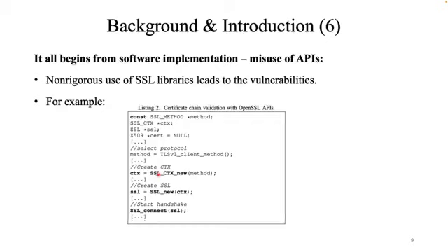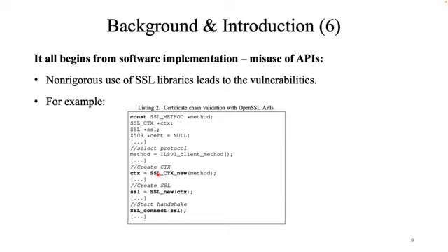Okay, next, let's see how this would happen. So this all begins from software implementation, which is misuse of APIs. Many vulnerabilities arise from poor software implementation and misuse of SSL APIs.